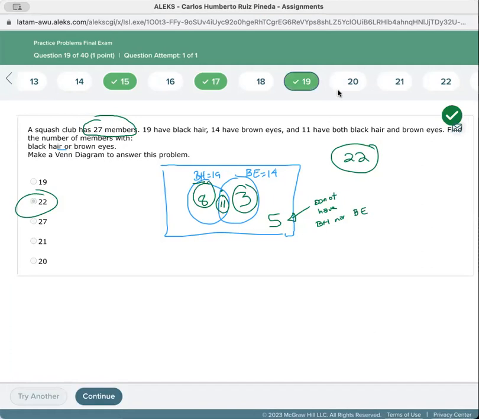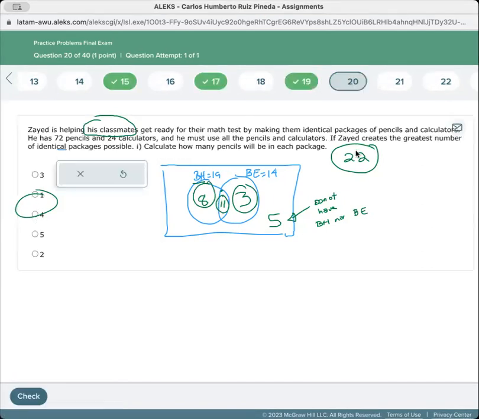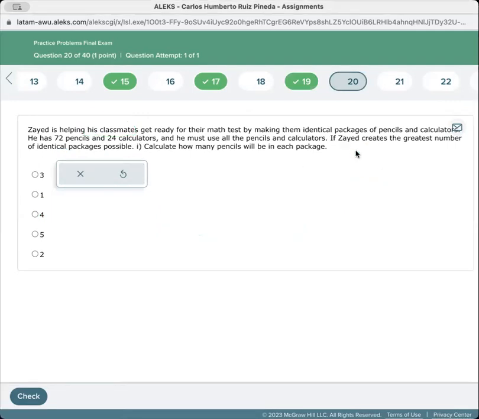The next one is number 20. It says, Saeed is helping his classmates get ready for their math tests by making them identical packages of pencils and calculators. He has 72 pencils and 24 calculators, and he must use all the pencils and calculators. Saeed creates the greatest number of identical packages possible.